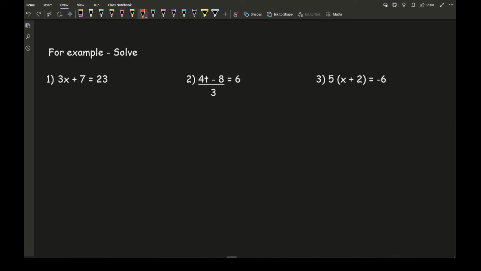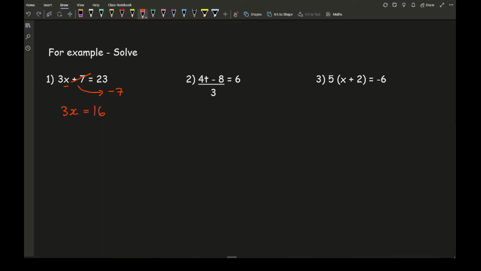Another way of looking at it is thinking about getting rid of what's furthest away from what you want. Here I want to make x the subject, or x by itself, so I'm going to get rid of what's furthest away, which is this plus 7. How do I get rid of plus 7? I do the opposite and take it to the other side. So here I've got 3x equals 23 take away 7, which gives me 16.